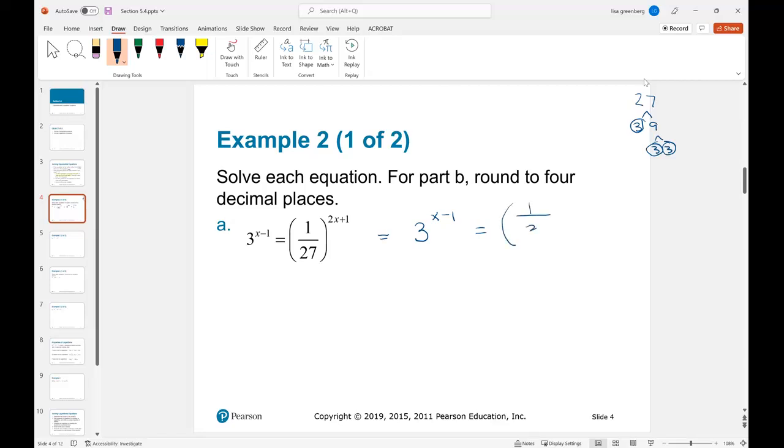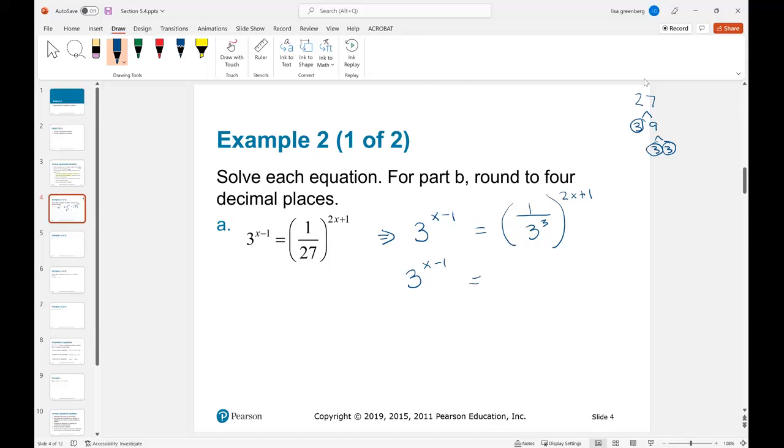I'll go step by step. There's nothing to do over on the left side. I already have my base. But on the right side, I want to bring that base into the numerator.